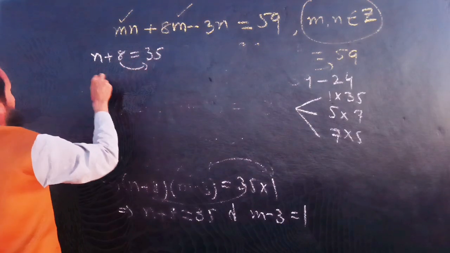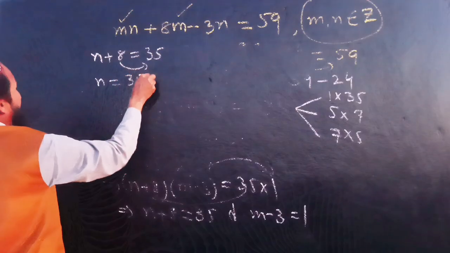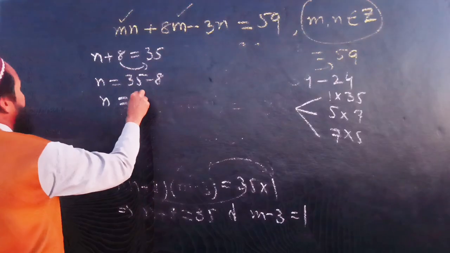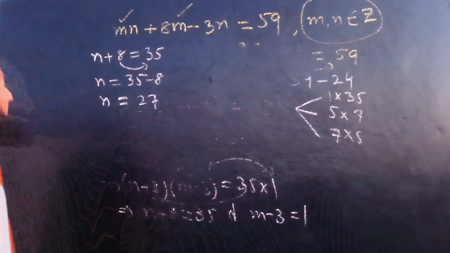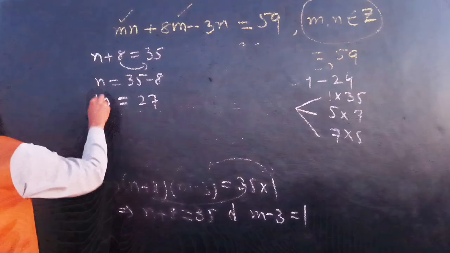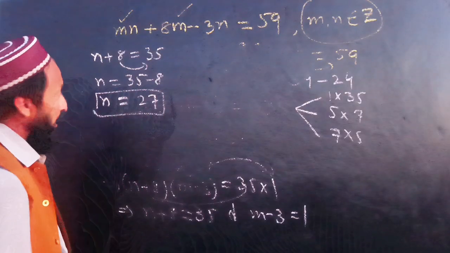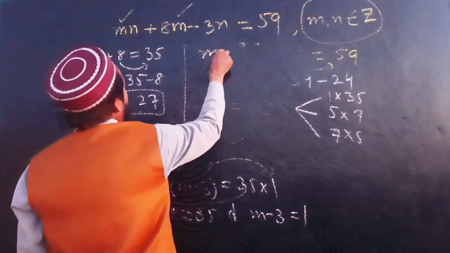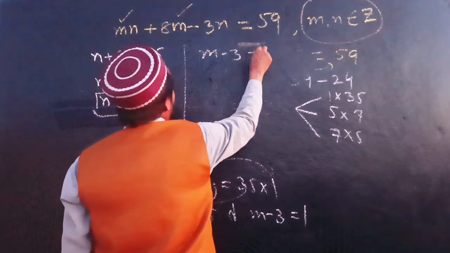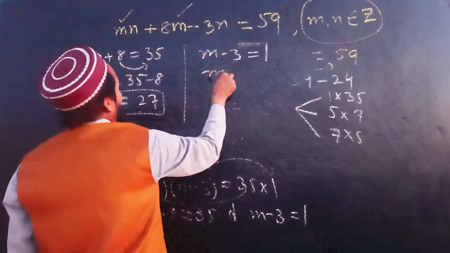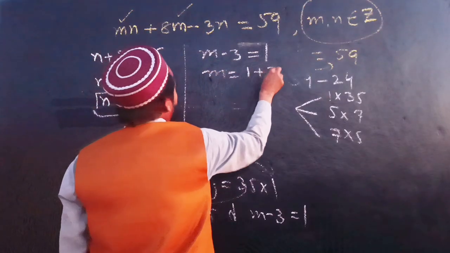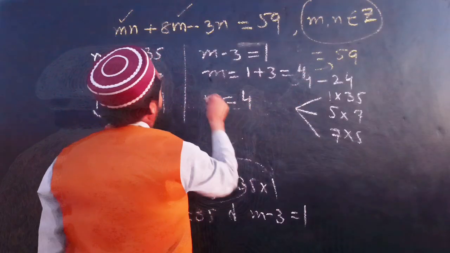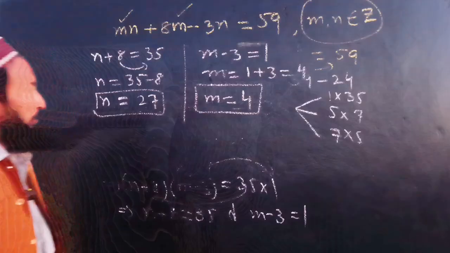We transfer this result, n is equal to 35 minus 8. So n is equal to 27. 27 is one of the answers, and secondly we get m - 3 is equal to 1. So m is equal to 1 plus 3 is equal to 4. The second answer we get here is that the value of m is equal to 4.